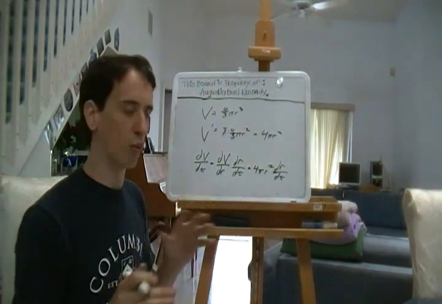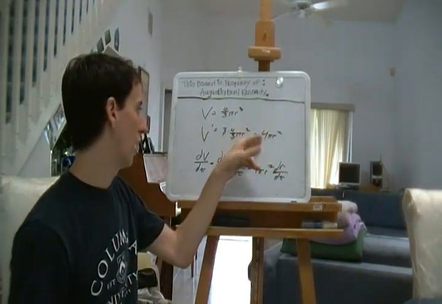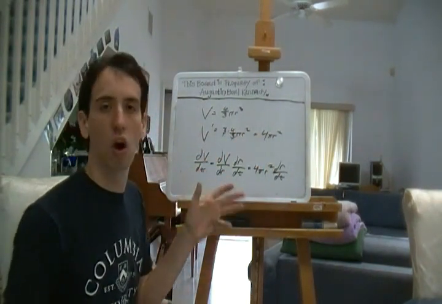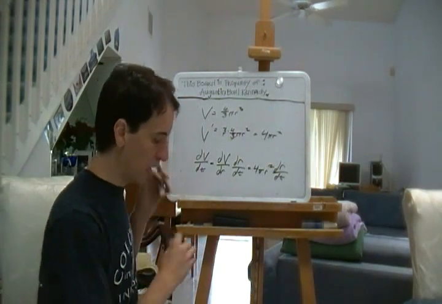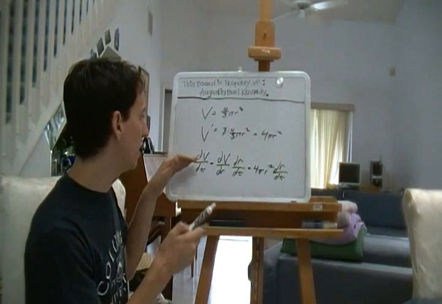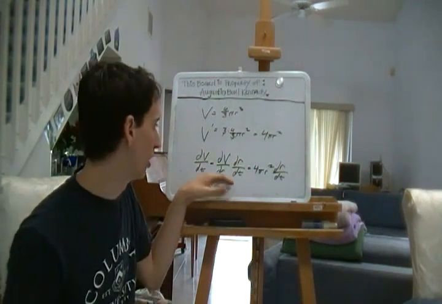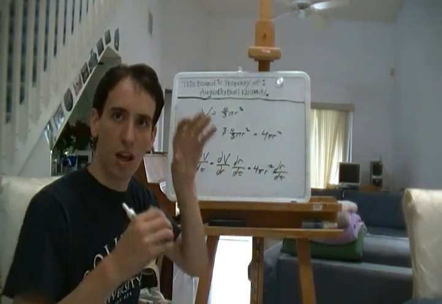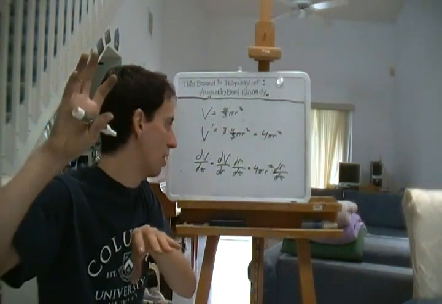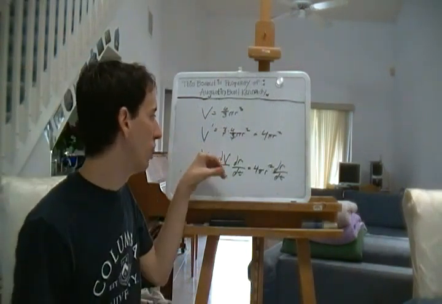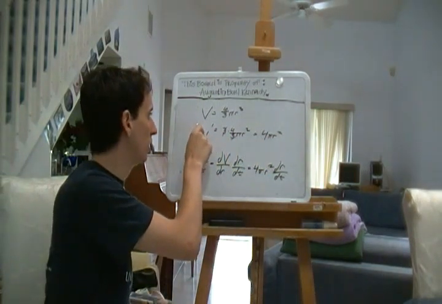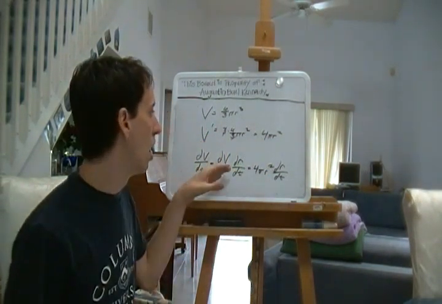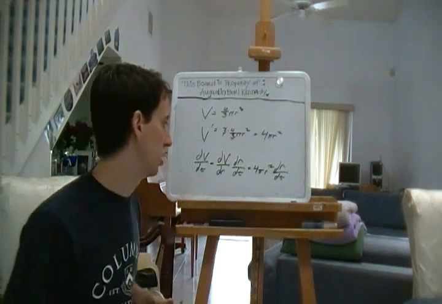We now have both of the rates we want to relate to each other, and we know what dV/dr is. This is just the chain rule: the volume with respect to radius is 4 pi r squared, because we differentiated it right here, and we're multiplying times dr/dt, the radius with respect to time.